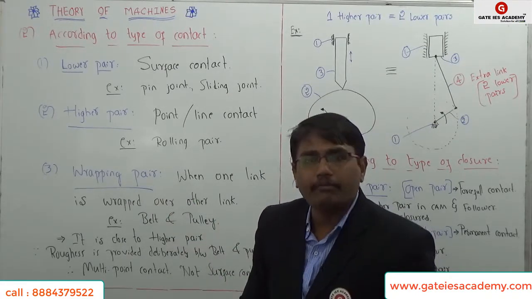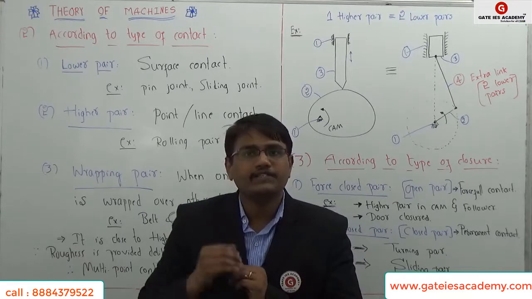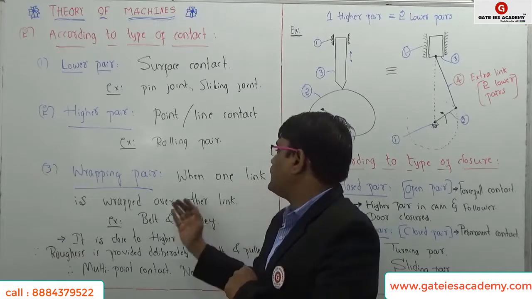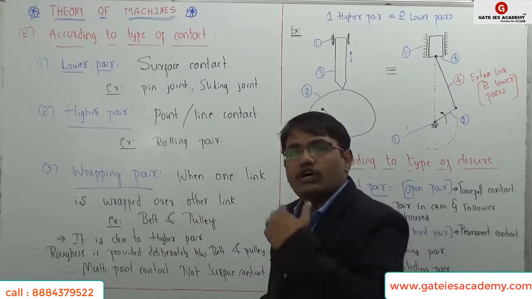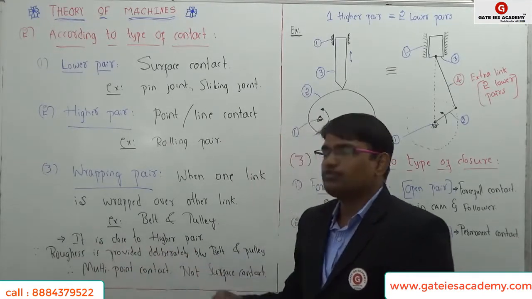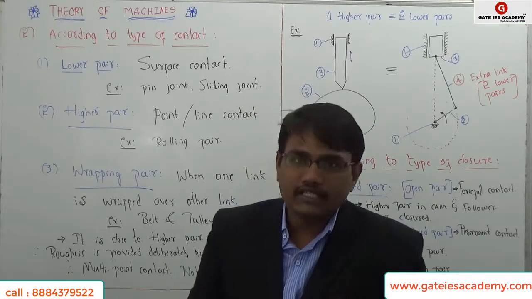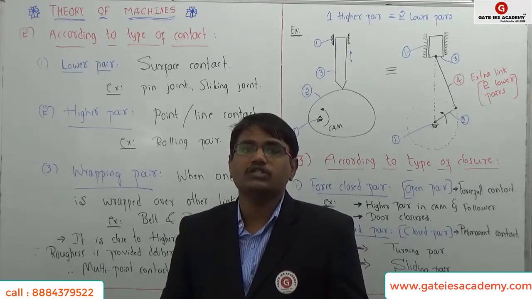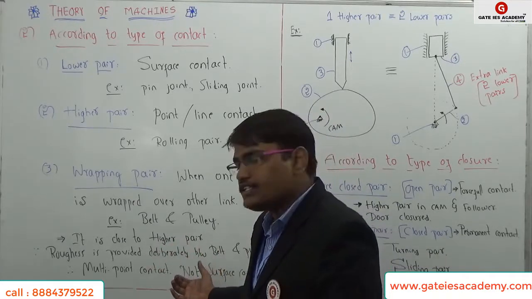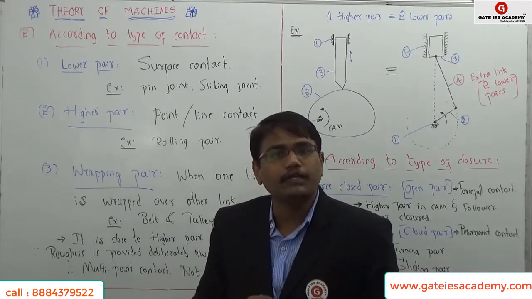Now what is a wrapping pair? One link is wrapped over the other link. For example, a belt is wrapped over a pulley, right? So that is a wrapping pair. Now you need to observe one thing here. The belt wrapped over the pulley, you cannot consider it as a surface contact, because to attain some friction, roughness will be provided between the belt and the pulley, right?